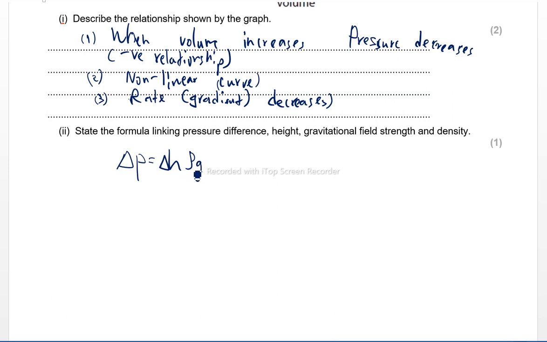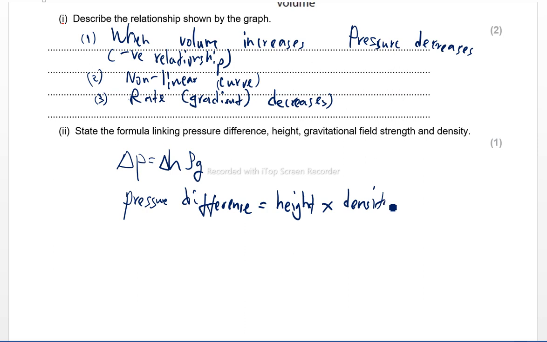Then the density times gravitational field strength, right? So we'll write in words how the question says. Pressure difference is equal to the height multiplied by the density, then multiplied by the gravitational field strength.